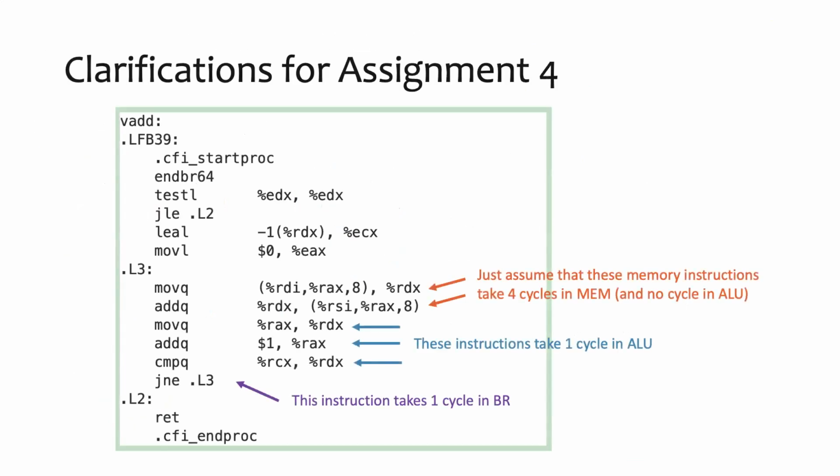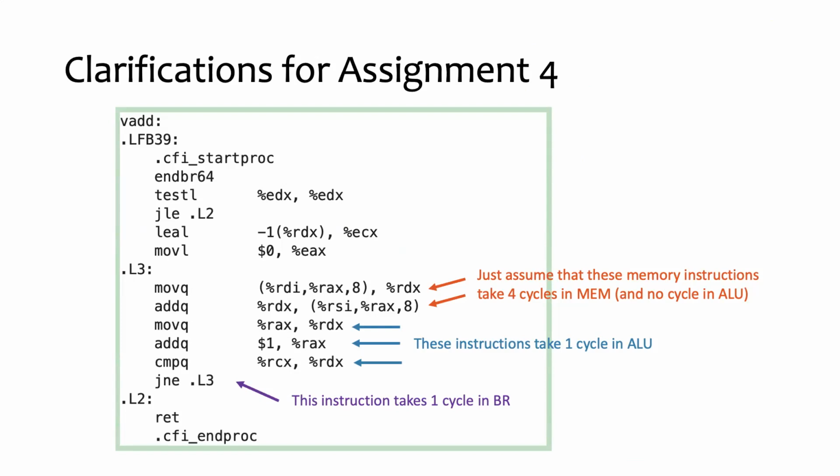All right, that's the end of the session. Just a bit of clarification about assignment 4. These 2 instructions, move Q and add Q, are memory instructions. The first one is actually reading from the memory, and the second one takes the register result, does an addition, and then writes it to the memory.